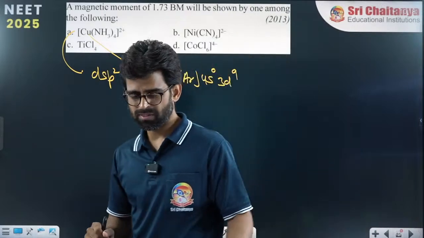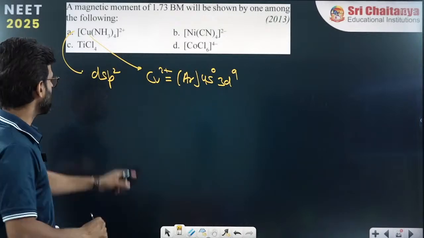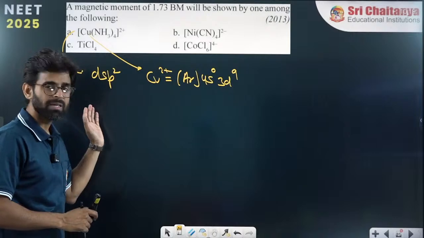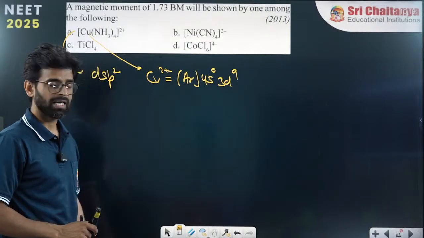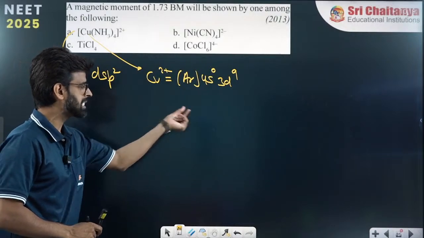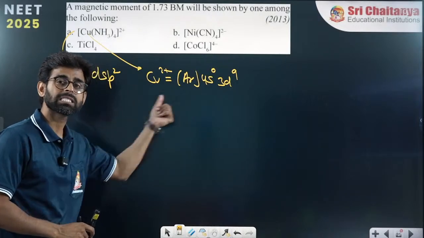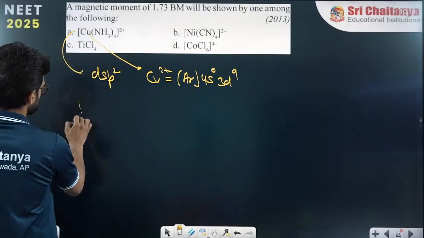Okay, I don't think it is very important for us, but yes, it will have 1 unpaired electron and is dsp2 hybridized. Its electron will not remain in the d orbital, it will go to some higher shell. In the next p, 1 electron jumps from 3d to 4p, right? This type of diagram you will see.